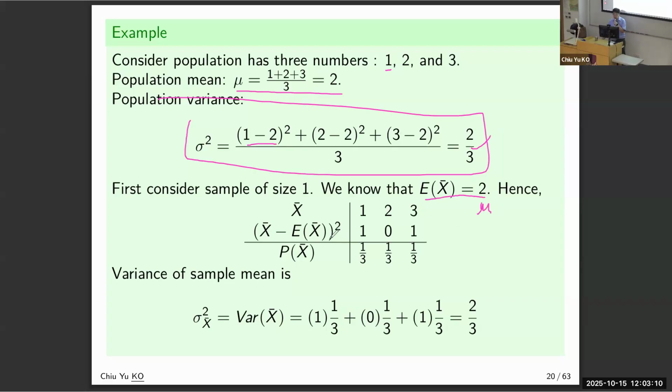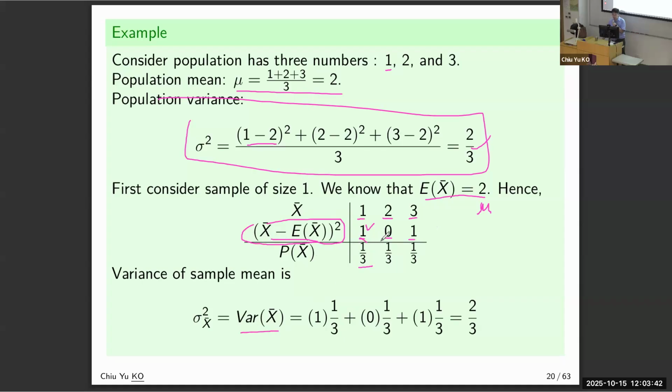And let's look at the variance. Okay. If you get 1, has 1/3 probability. This guy is 1, right? 1 minus 2, -1. Square is still 1, right? If you get 2, 2 minus 2, 0, square, 0. 3 minus 2 is 1, square is 1. Okay. So this guy, square difference from the mean is 1, 0, 1. So expectation of this is the variance.